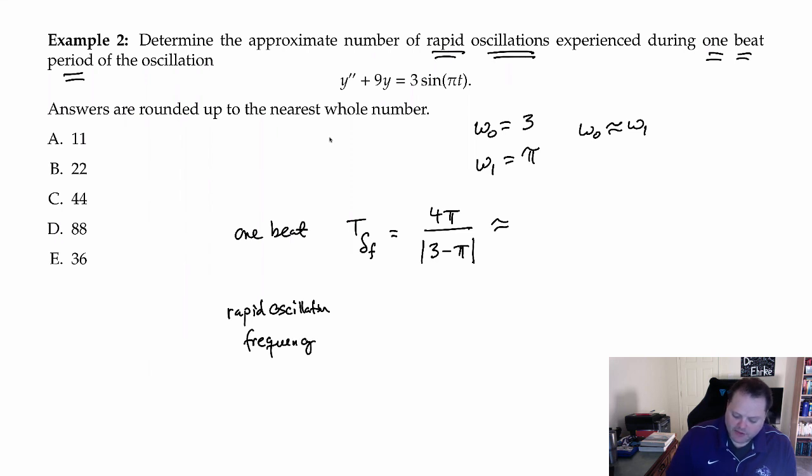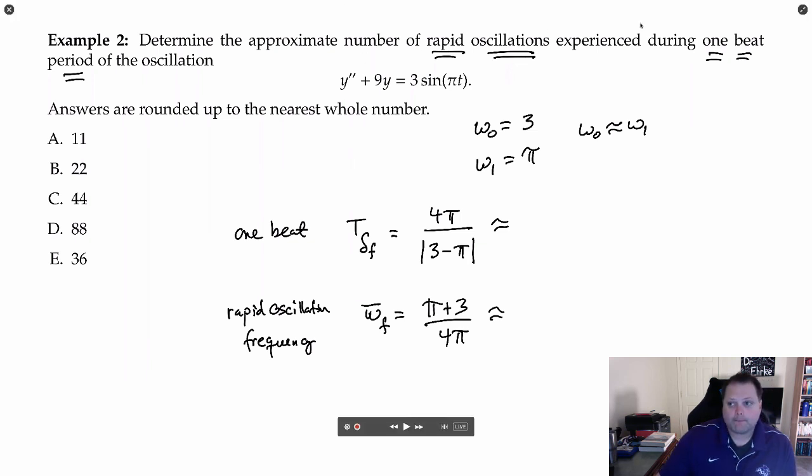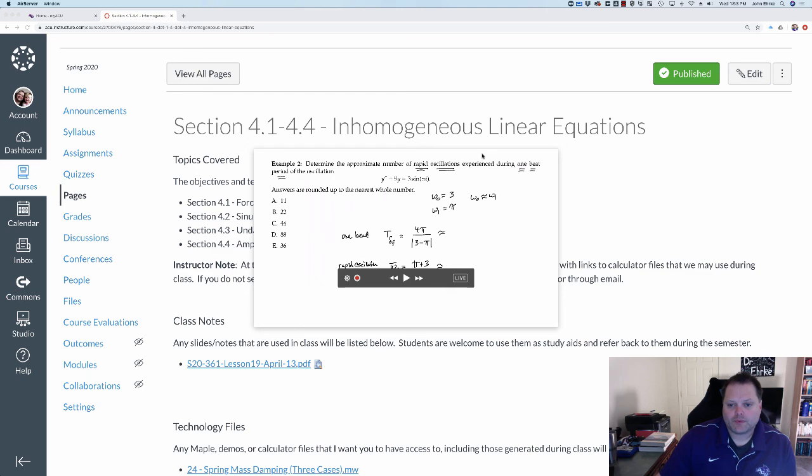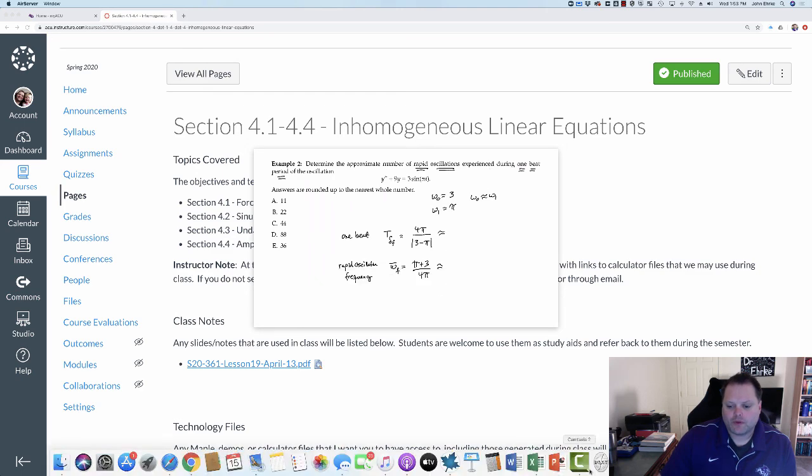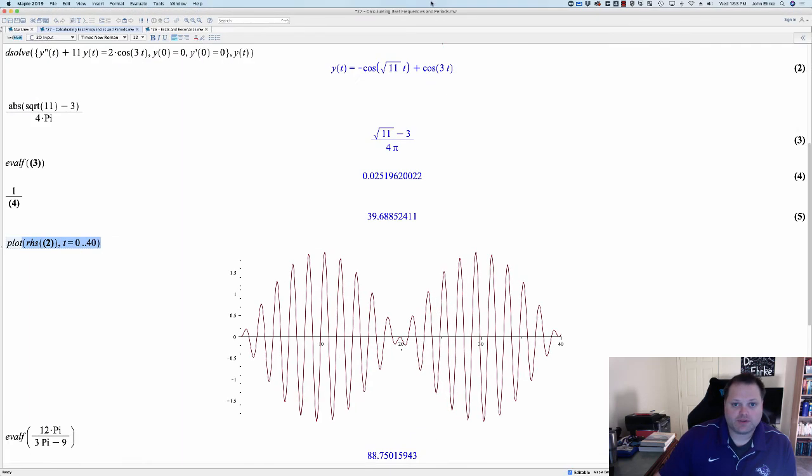So the rapid oscillation frequency is omega bar sub f, which would be pi plus 3 divided by 4 pi. Yes. And so I need to get that value real quick as well. All right, I'm going to do these off to the side once again real quick.